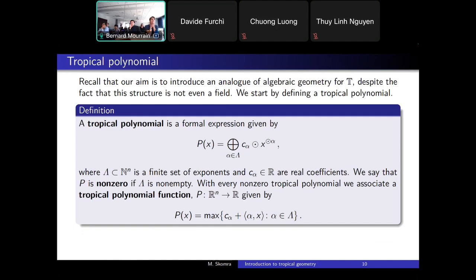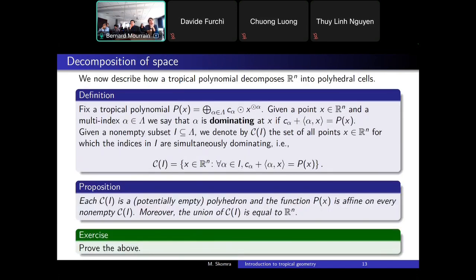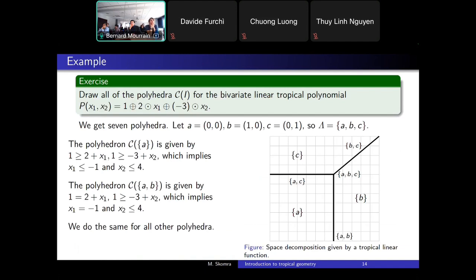So in particular, it is piecewise affine, right? And we spent the last lecture giving some examples of these functions. And then we discussed the structure of these piecewise affine pieces, right? So we said that this tropical polynomial, in fact, splits the space into polyhedra. On each polyhedron, the function is affine.